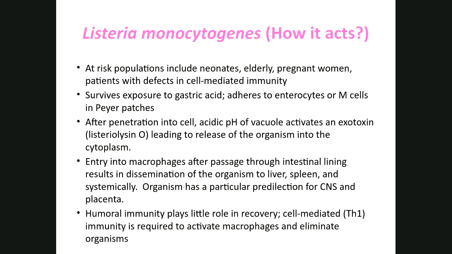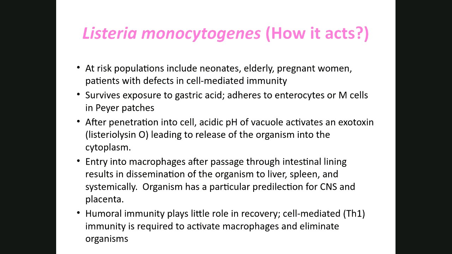This is the principal virulence factor of this organism. Now, once it comes into the cytoplasm of the macrophages, it is no longer threatened by the enzymes of the phagolysosomes, so it can multiply there.